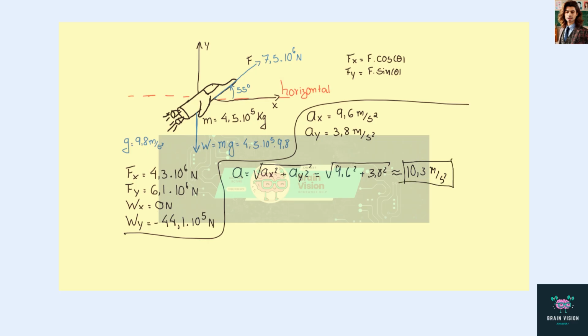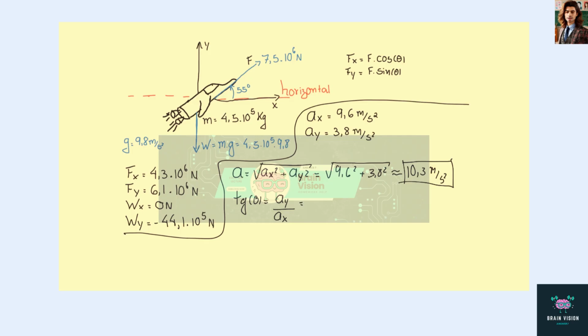Now, what is the angle that the resulting acceleration makes with the horizontal axis? Well, we know that the tangent of that angle is equal to the y component of the acceleration divided by the x component of the acceleration.